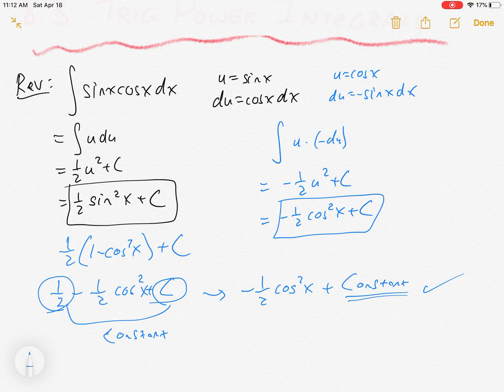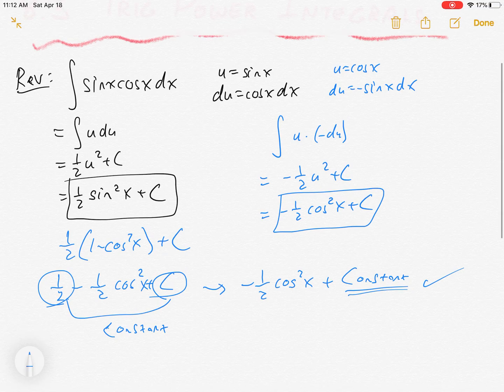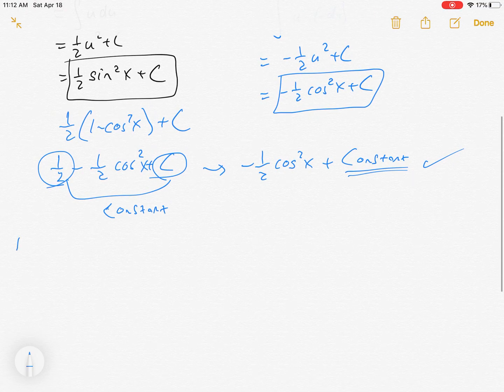We don't know what the constant is, so they are the same. Either method would work. I wasn't intending to make that difficult, but don't be stressed that one technique works and the other won't. Let's do one more review before we do something new.